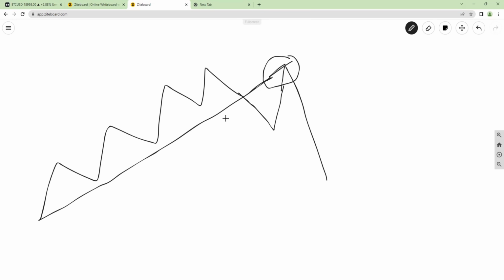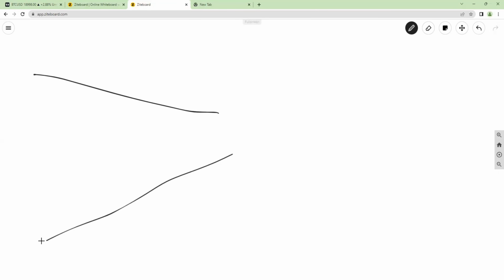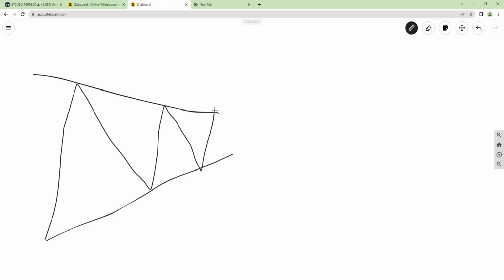Or will you consider your entry at this level where the price broke? So let's say price is bouncing at the same trend line, or inside a certain channel, a wedge, bouncing in and out. So where will you get the confirmation exactly to enter another trade here, a sniper trade?